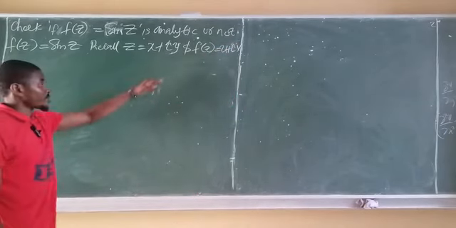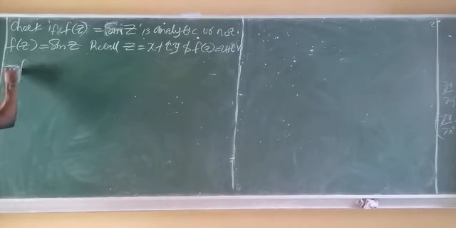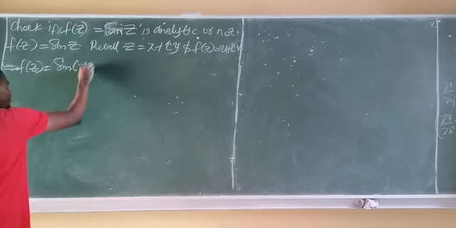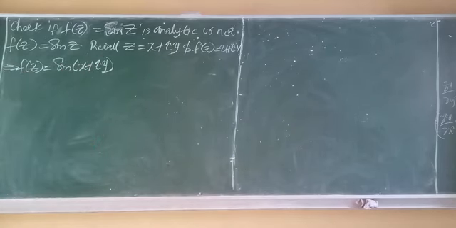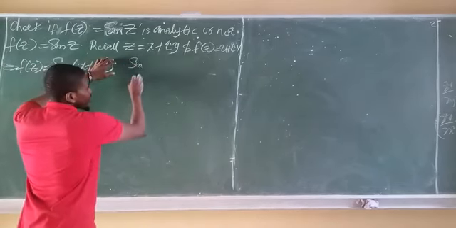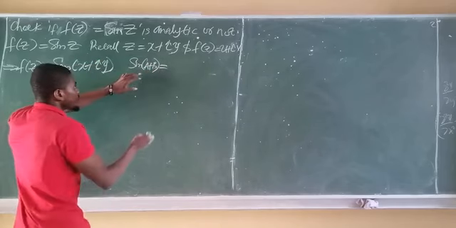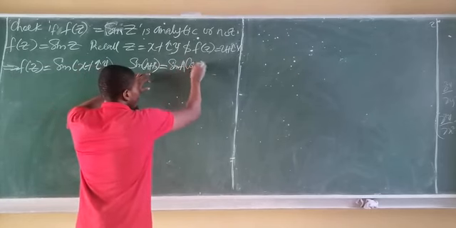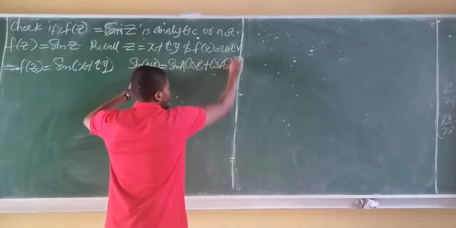So if z is equal to x plus i y, it means that we can write f of z as sine of x plus i y. We simply employ what we know in trigonometry. Remember, sine of a plus b from trigonometry is sine a cos b plus cos a sine b.